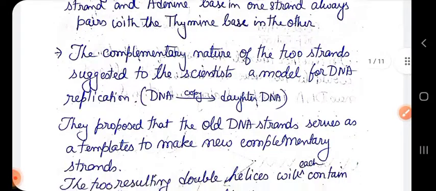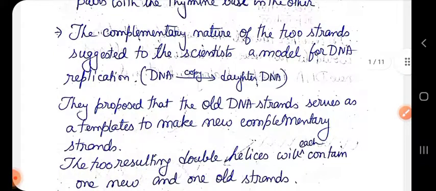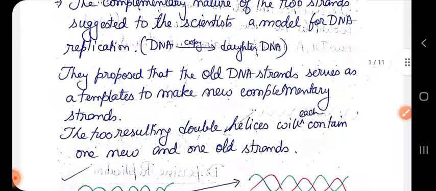Watson and Crick proposed, and other scientists also debated, that the old strands serve as templates to make a new complementary strand. Watson and Crick strongly suggested that the old, parental strands would be used as a template to make a new complementary DNA strand for the formation of a new daughter DNA molecule.